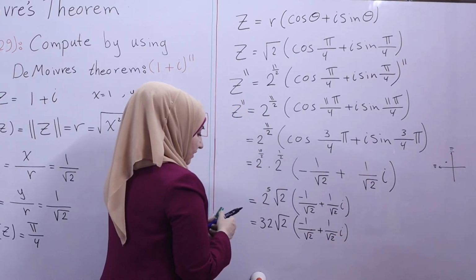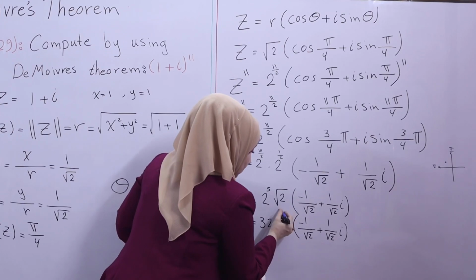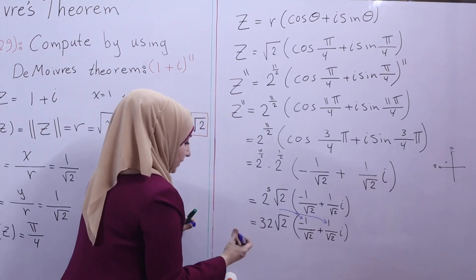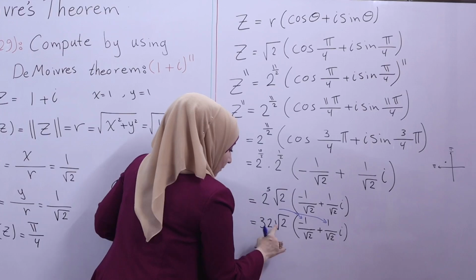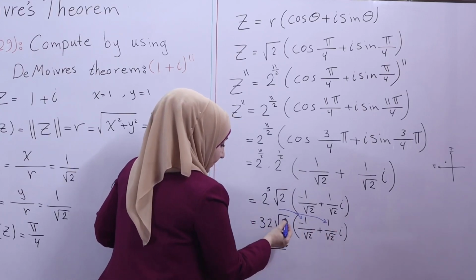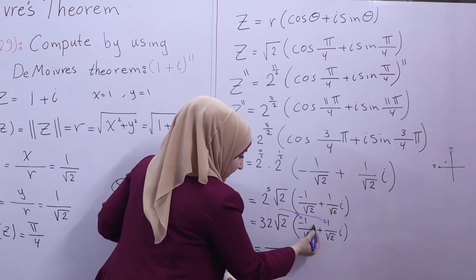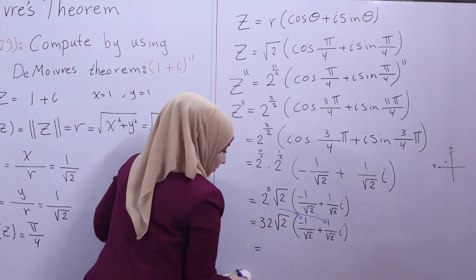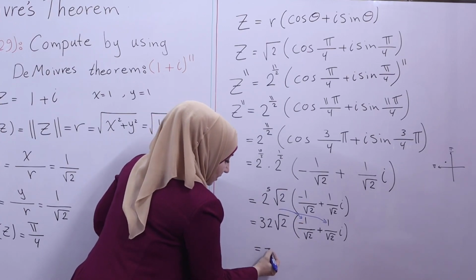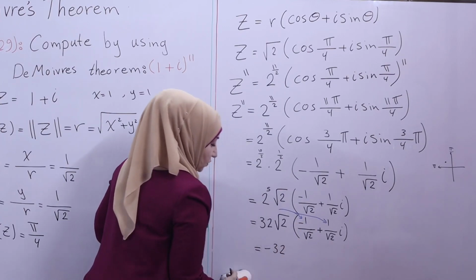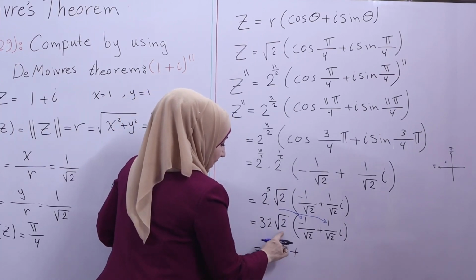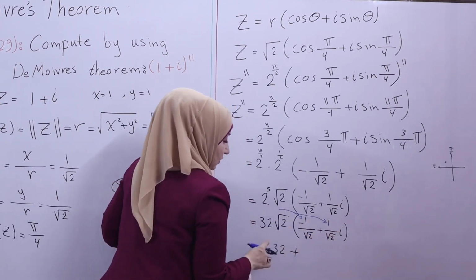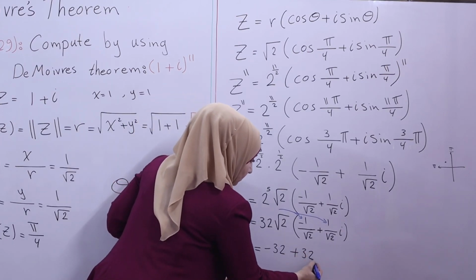If we multiply this number by this expression, we will distribute it over the first term and the second term. من راح أدخل هذا المقدار على الحدود، 32 square root of 2 من أضربه بهذا الكسر راح نحذف الجذر التربيعي بالبسط مع الجذر التربيعي بالمقام and it remained, ايش راح يبقى عندي، 32 multiplied by negative 1 will be negative 32, plus when we multiply this number by this number we will also simplify square root of 2 with square root of 2 and it remained 32 positive i.